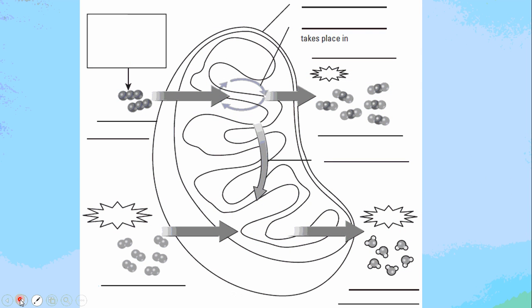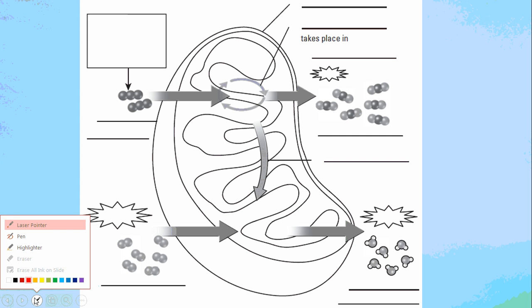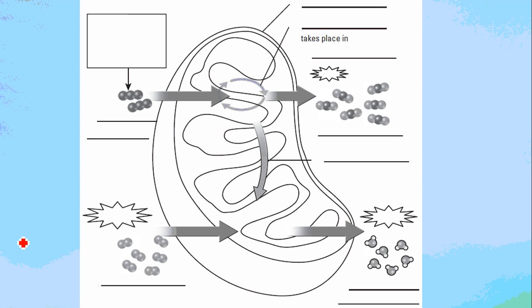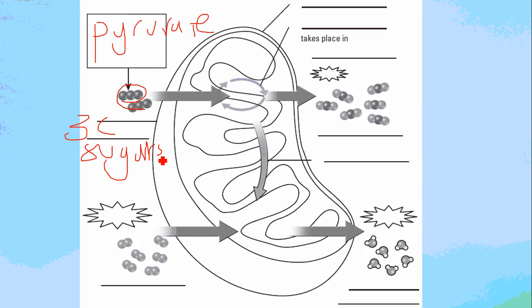Here is another diagram that you can actually fill in as we go through this together, so that this can help you in the future. So these guys here are the pyruvate. These pyruvate molecules here are 3 carbon sugars. Excuse my handwriting.